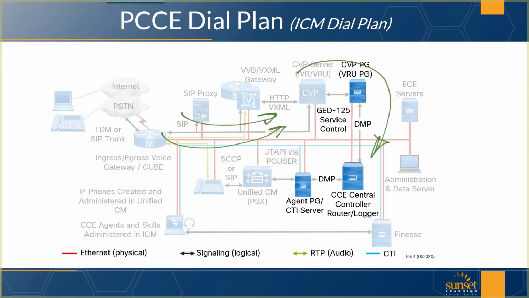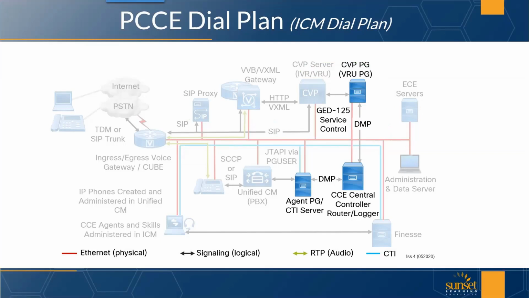There's no need to do any configuration in CVP to make that happen. It's automatically forwarded via the VRU PG to ICM. The response from ICM comes back in the form of a route response to that originating routing client, or CVP server.